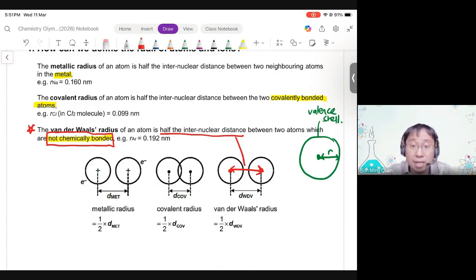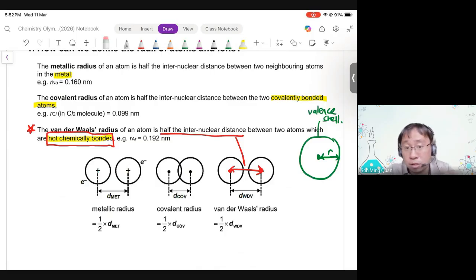Importantly, in the van der Waals radius, the atoms are not covalently bonded together. They're not interacting. Okay? And I'm sure you can imagine half the distance that I've shown in the red arrow.